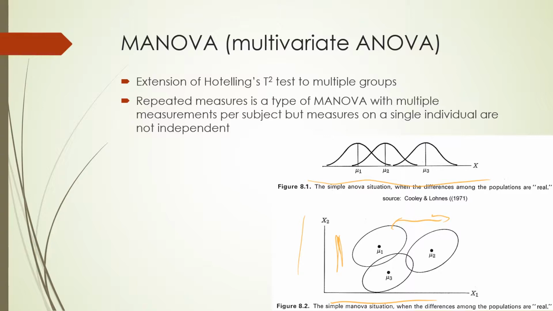And if you look at that lower figure, you can see that along the x-axis there's very little difference in the means of group 1 and group 3. But if you look along the y-axis, they separate quite nicely. And again, this is the kind of thing you're using multivariate analyses for, to detect differences among these groups that you may not detect simply looking at them one variable at a time.